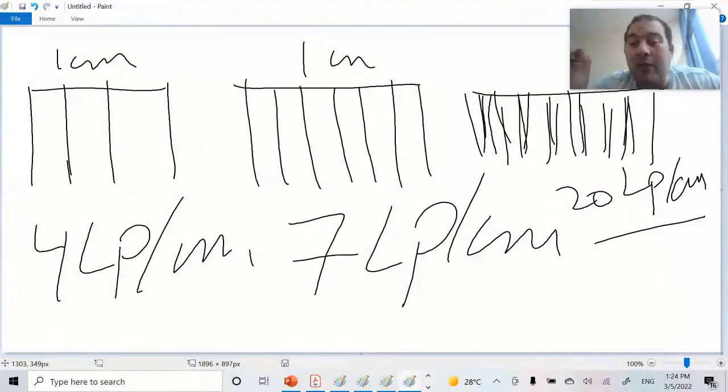More, and more, and even more. We see the largest number of line pairs per centimeter, which represents the resolution of the machine. It needs to see whether the number of line pairs per centimeter is large or small.